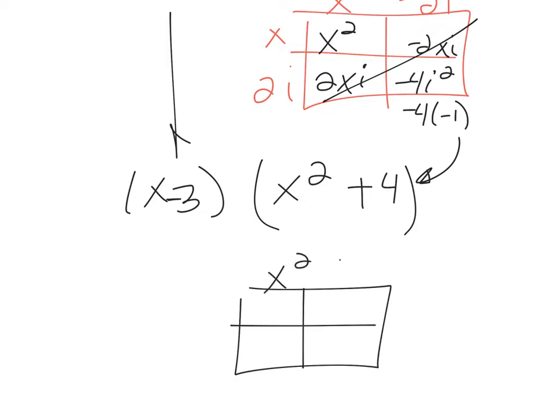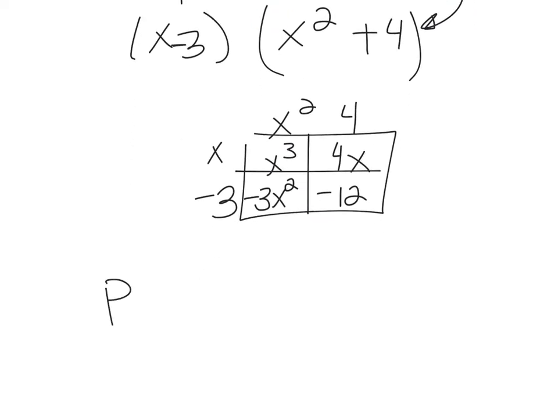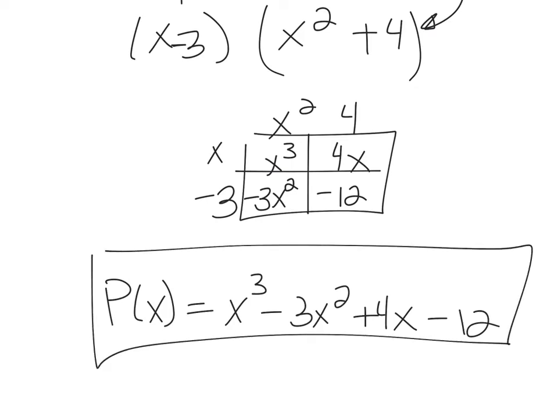I'll get x cubed, 4x, negative 3x squared, and negative 12. And this will give me my polynomial p, so I'm going to name it p of x. Please don't forget to write it in decreasing power order, because that's called standard form. And boom. Now if you wanted to check, you can put this into y equals and then look at x equals 3. If 3 has 0 as the y value, you did it right.